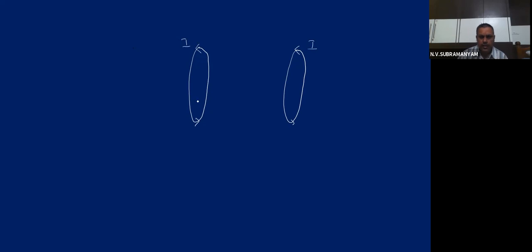Now tell me, if I treat them as two circular current loops, for this one also there will be magnetic field, for this one also magnetic field will be there. How will the magnetic field be around it? Like this. I am showing by dotted line, you see. This dotted line you are seeing. Okay. This is the magnetic field line for this coil around in this particular region.